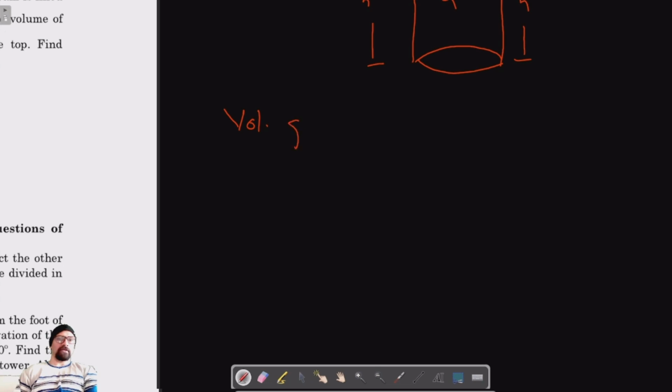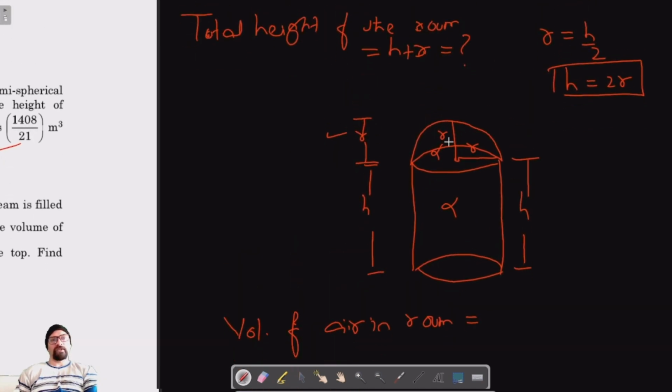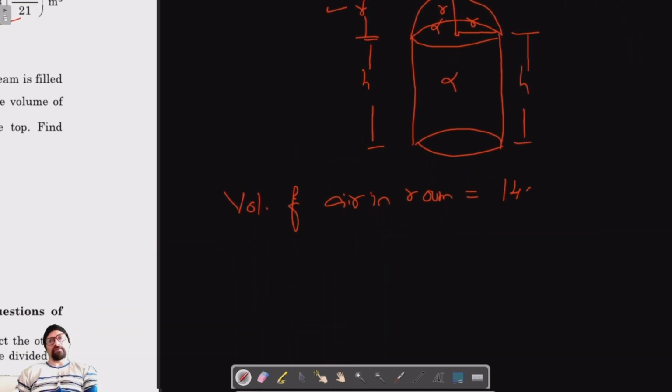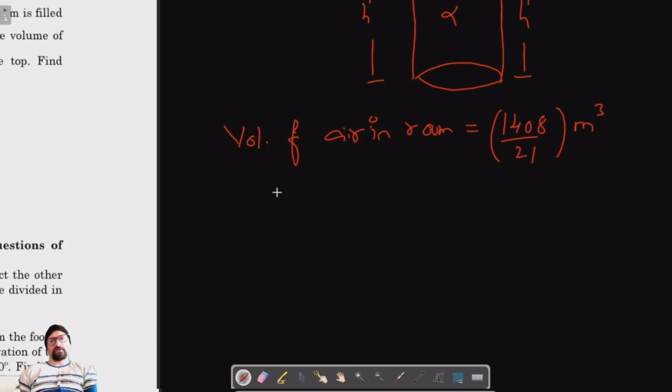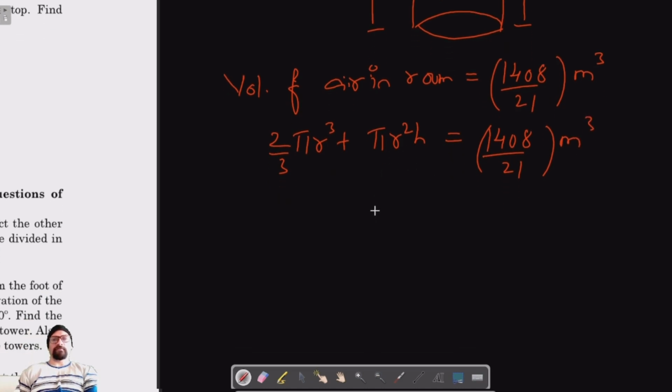So the volume of hemisphere, which is 2 by 3 pi r cube, plus the volume of cylinder, which is pi r square h, is equal to 1408 by 21 meter cube.